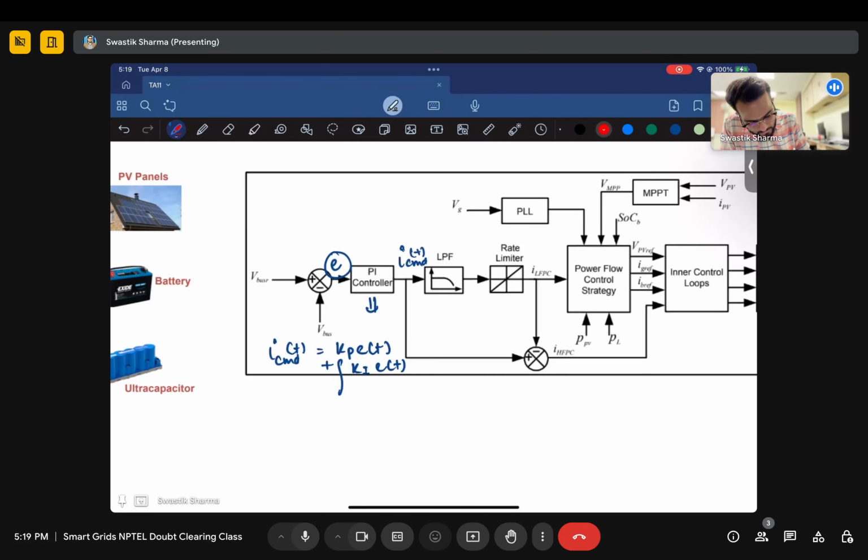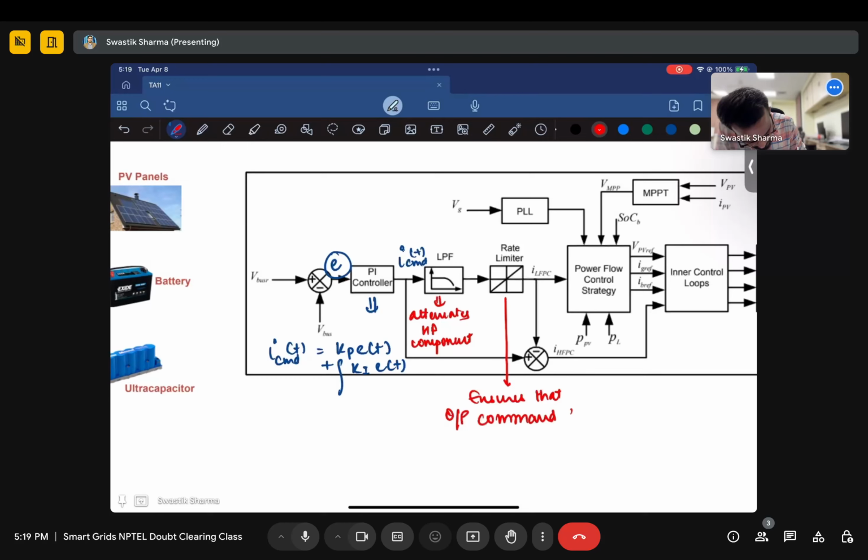So if I want to write this: the LPF attenuates high frequency components, and this ensures that the output command signal doesn't change abruptly, right?